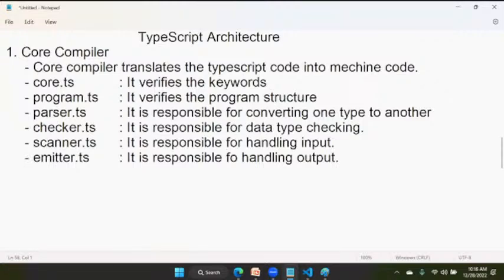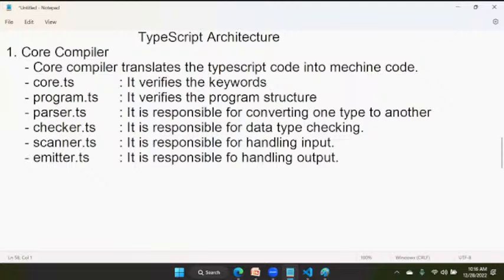That is the reason you need to concentrate a little on in-depth concepts. Generally, for freshers, these are not required. For a fresher, we simply say the TypeScript compiler translates into JavaScript. But for experienced level, we need to learn all these options.